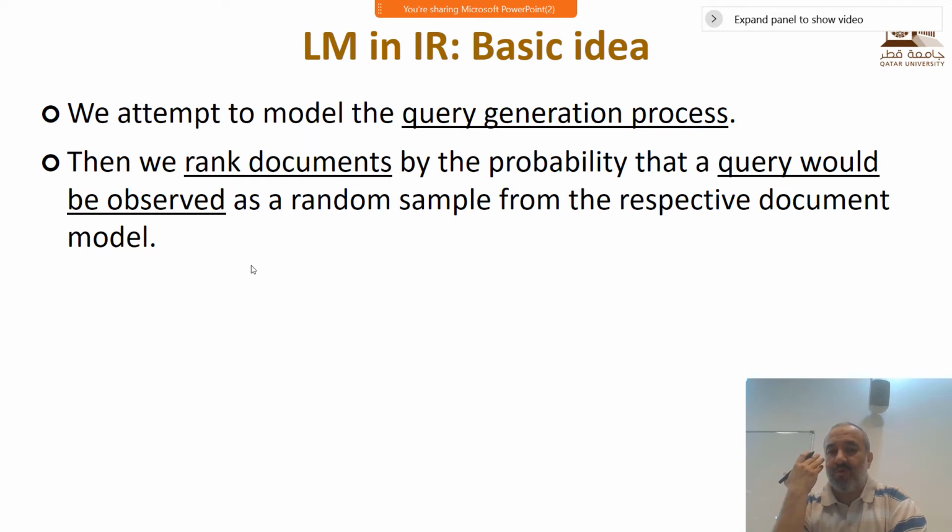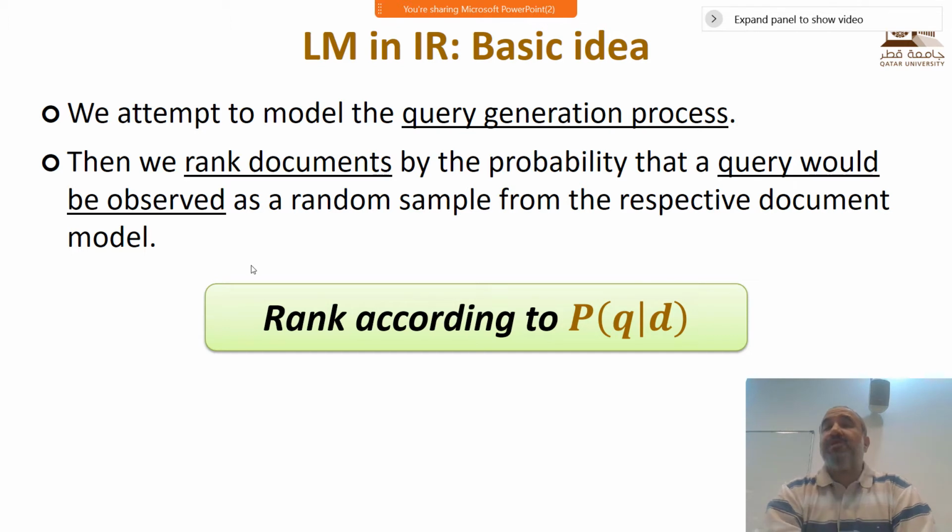As we mentioned earlier, the user has a document in mind and will try to pick words from that document. So we want to model that query generation process. We will rank the documents by the probability that this query would have been randomly sampled from that document. So we'll rank according to the probability of Q given D. That's the message here.